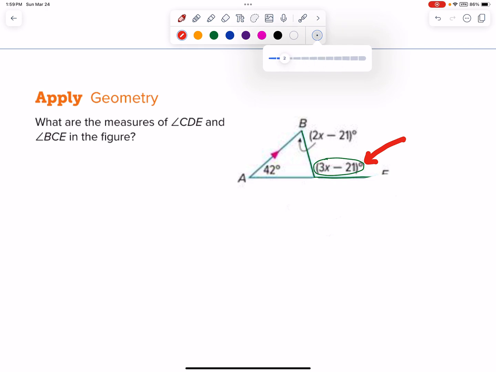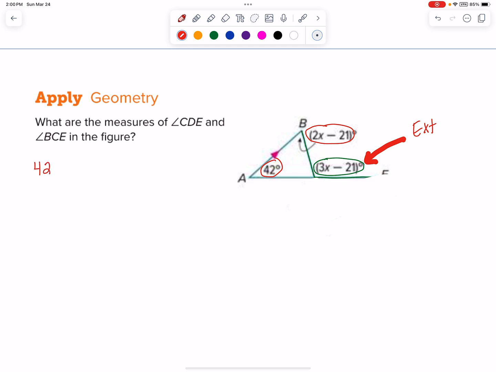And if you said it's an exterior angle, you're right. So here's an exterior angle. And what's true about exterior angles? They're equal to what? The two remote interior angles, which are here and in this case here. So that means if they're equal to each other, I can write an equation, right?